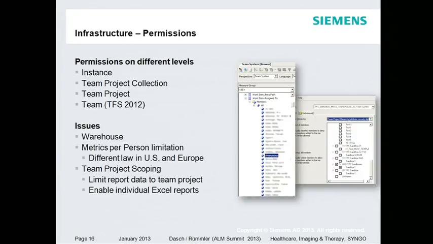And you have on the horizontal line also different stages. You have the Team Foundation Server, you have SharePoint, you have SQL Server Reporting Services, and you have to manage all the permissions in all of these systems. One issue we ran into was in regard to the warehouse.